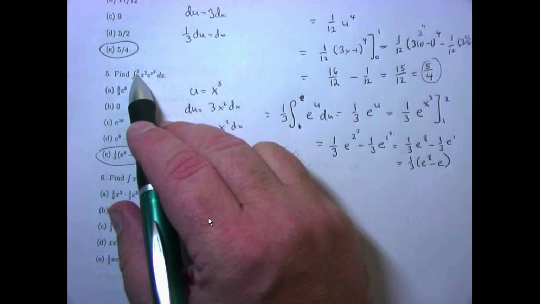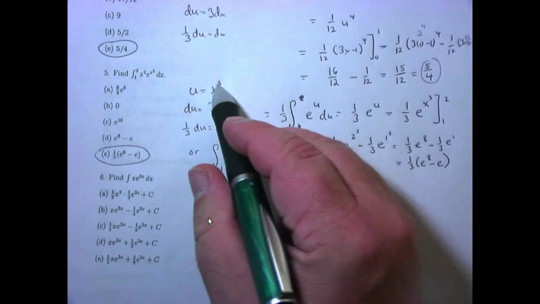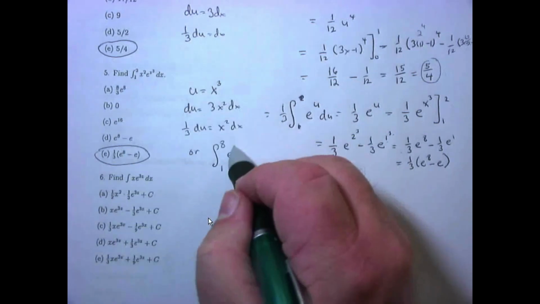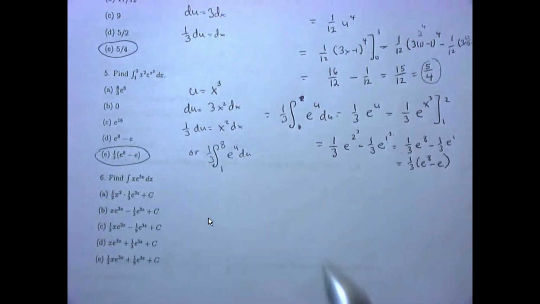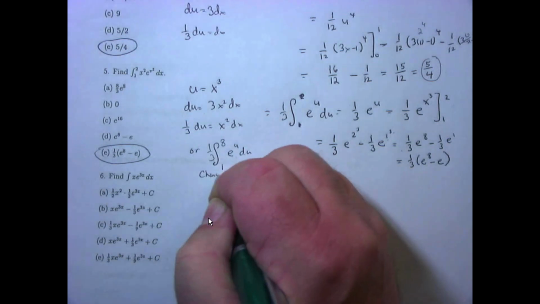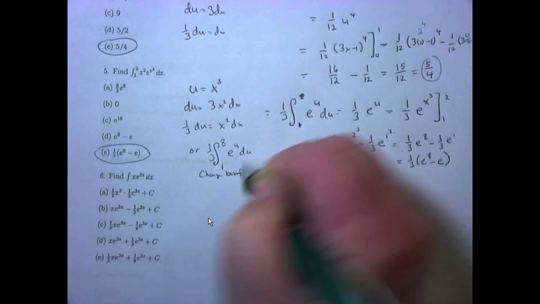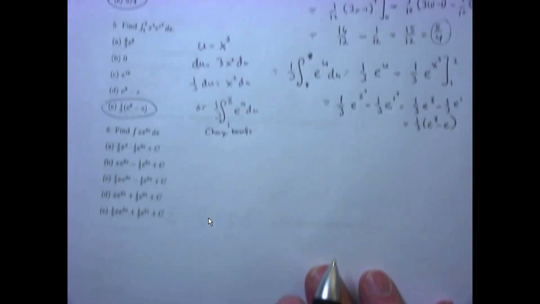But when x is 2, what's 2 cubed? 8. You could have changed the bounds and then just integrated e to the u du with a 1/3 out front, then plugged in top, plugged in bottom. You'll still get the same answer. Changing bounds would have been perfectly fine.